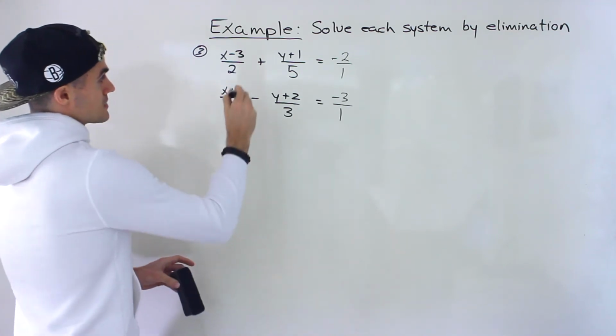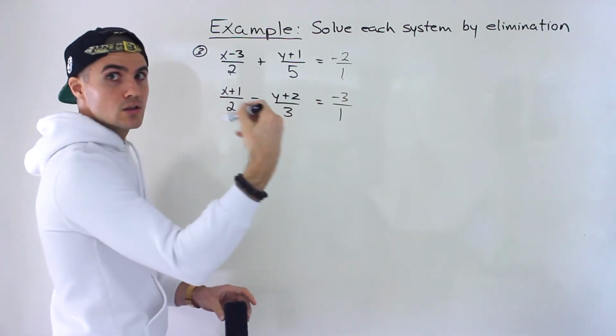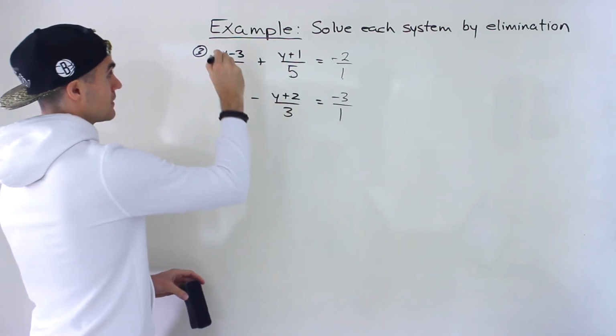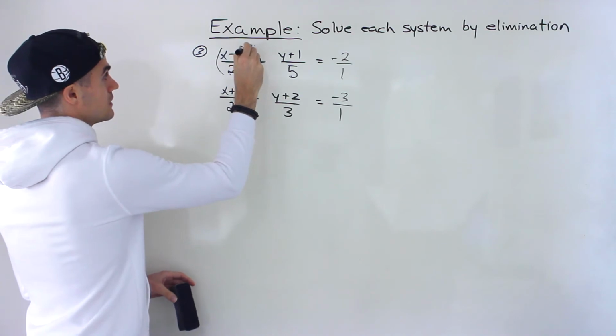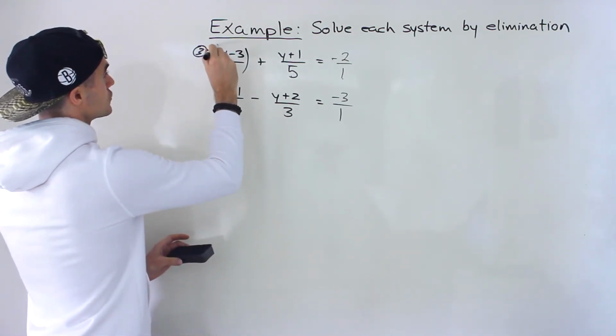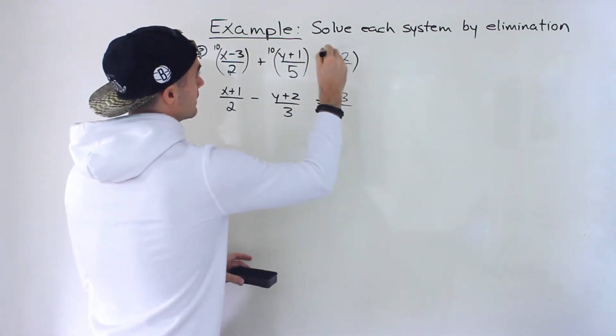And same process. So 2, 5, 1. What's the lowest common denominator between these? It is 10. So I'm going to multiply this by 10. Actually, let's put the 10 in front. I'll show you why in a sec. 10, 10.